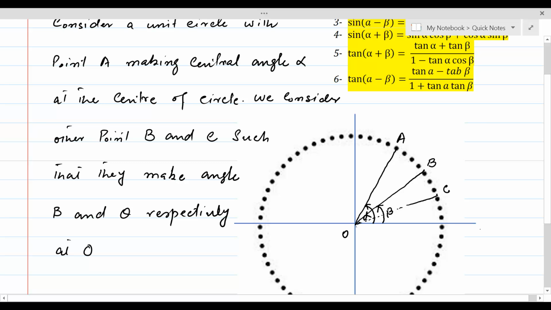This line is OC, and this angle is equal to theta.